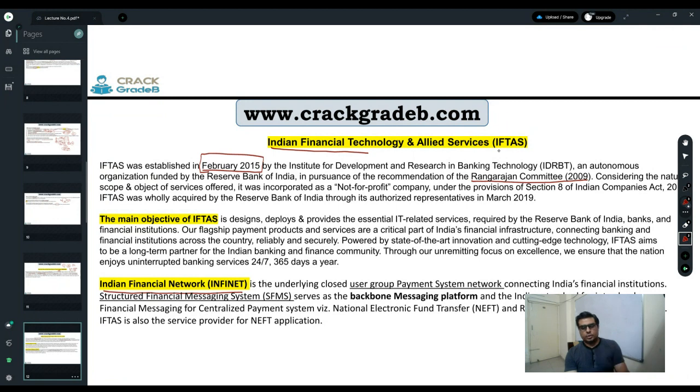What I was telling you about, the messages you generally get when a credit or debit happens, that is the backbone of the messaging platform. Even National Electronic Fund Transfer and RTGS, the technical part is provided by IFTAS. They provide this technical support.